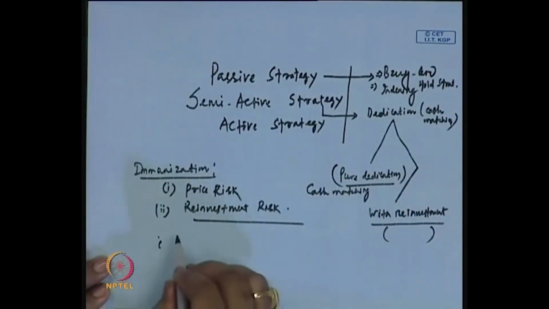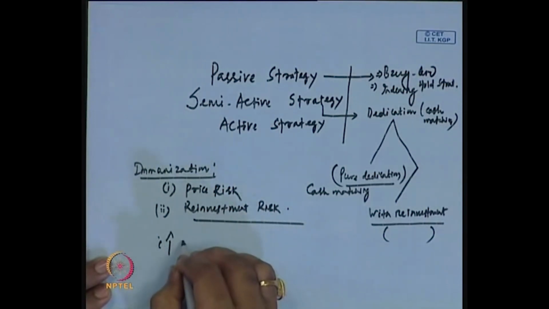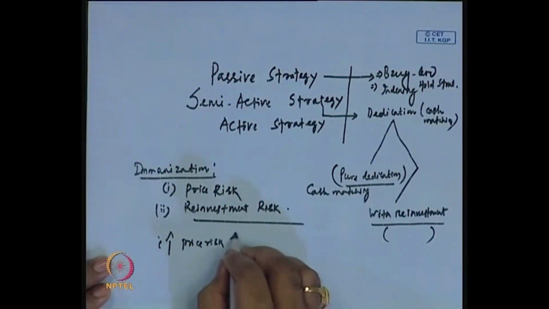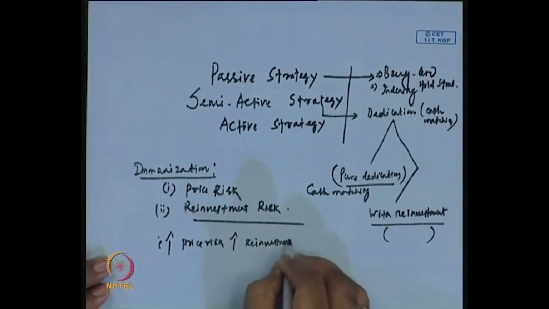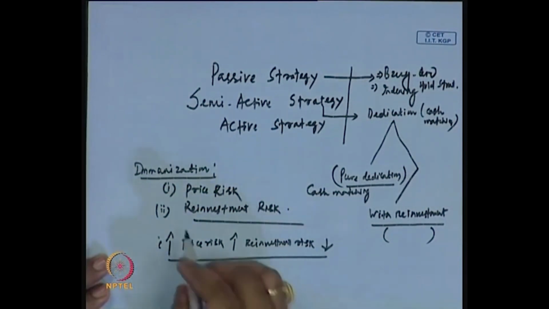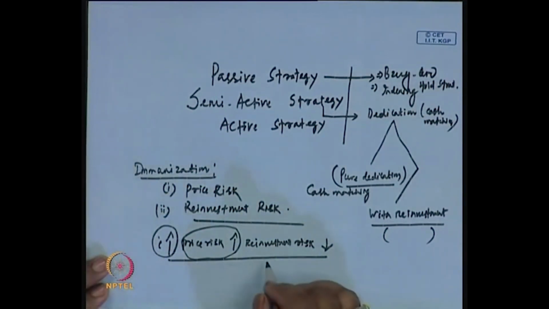These are parts of the interest rate risk. If the interest rate goes up, the value of the bond goes down, that is the downward price risk of the particular bond.